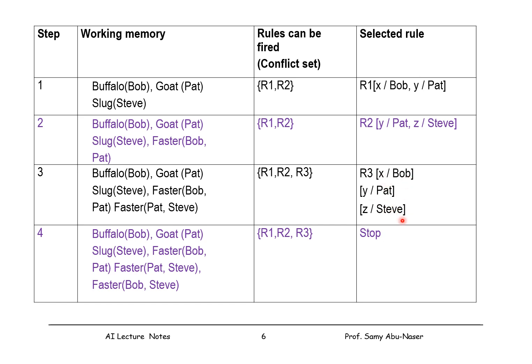Execute R3. We have previously buffalo Bob, goat Pat, slug Steve, faster Bob and Pat, faster Pat and Steve. The new one from rule 3: faster Bob and Steve. Bob is faster than Steve.